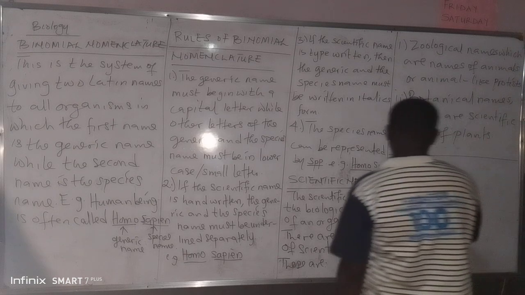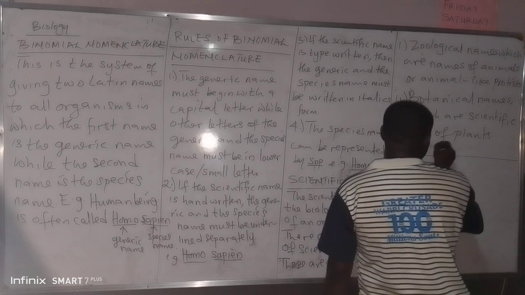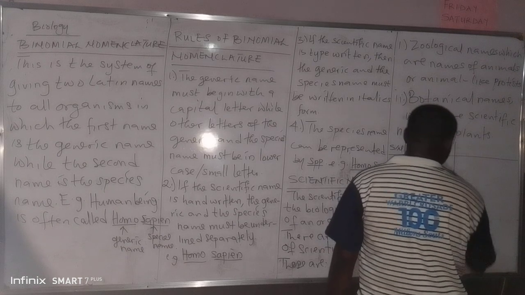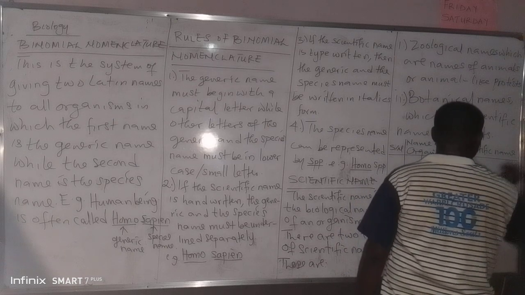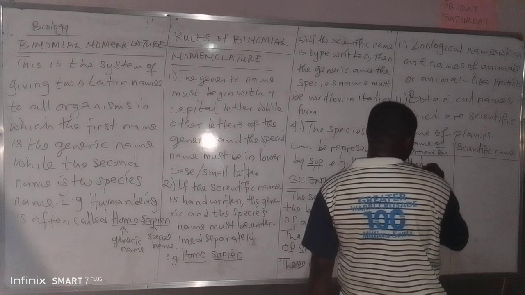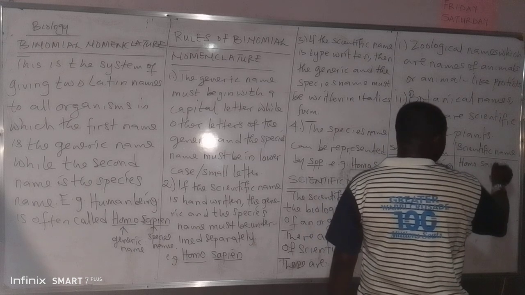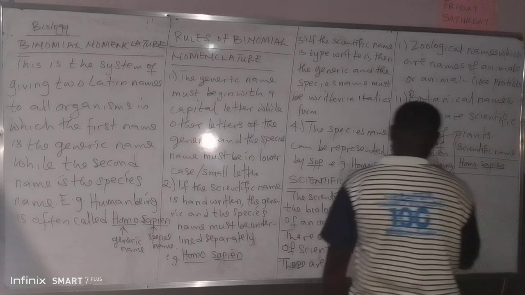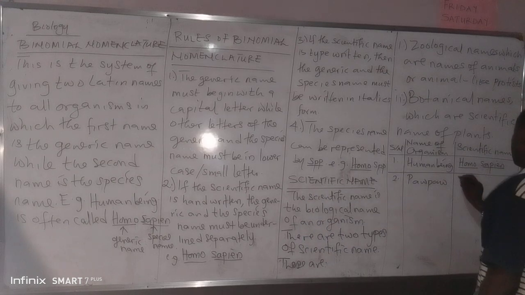So let's look at common examples. Name of organism, then scientific name. Number 1 is human being. That's Homo sapien. You have to underline separately. What of pawpaw? Pawpaw is Carica papaya.